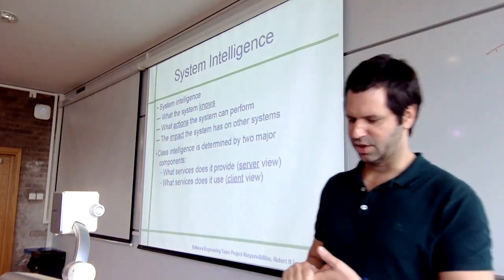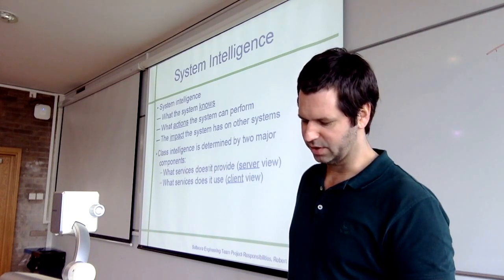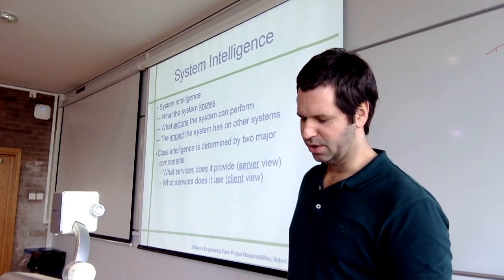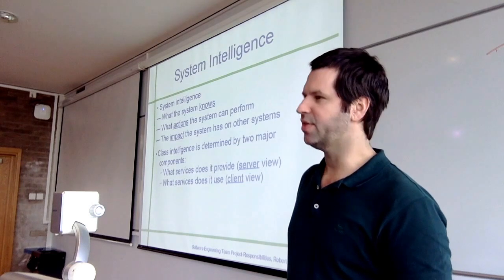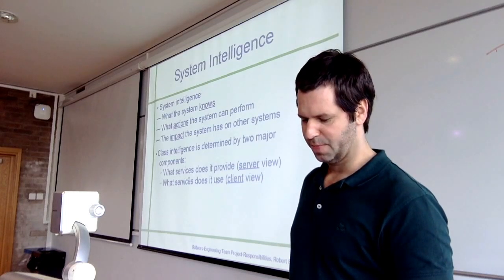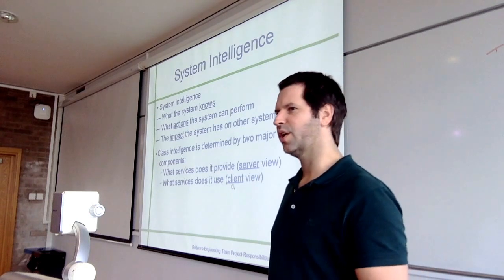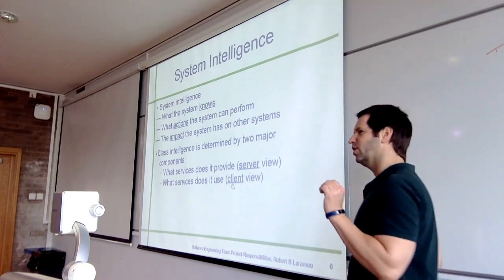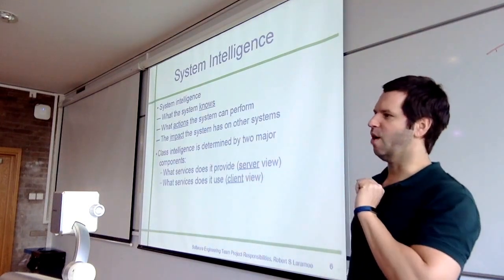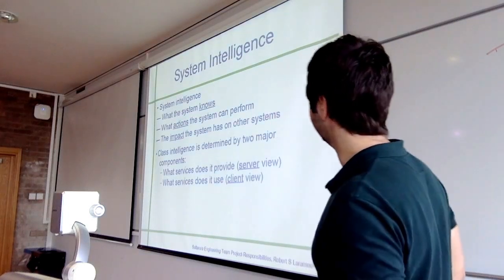Class intelligence is determined by two major components. What services does it provide? That can be thought of as what public methods does the class or object have? And what methods does it use? In other words, what methods does it have in order to fulfill its responsibilities via other objects outside of itself? That's called class intelligence.